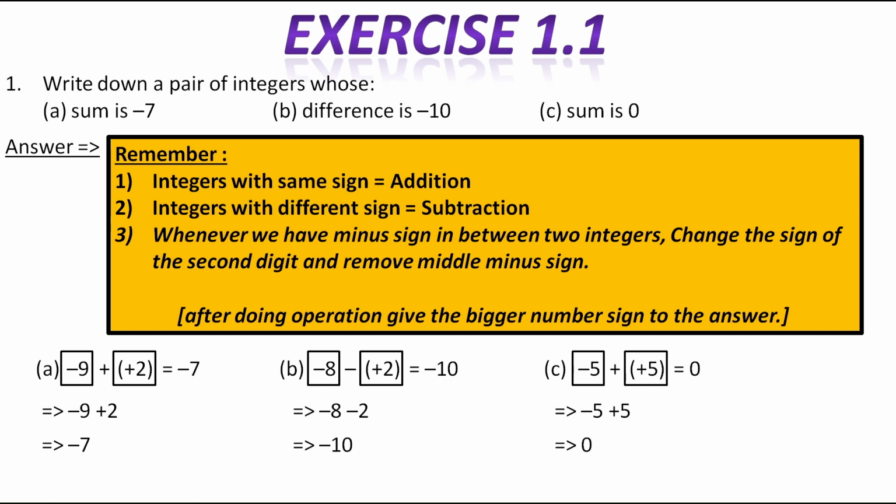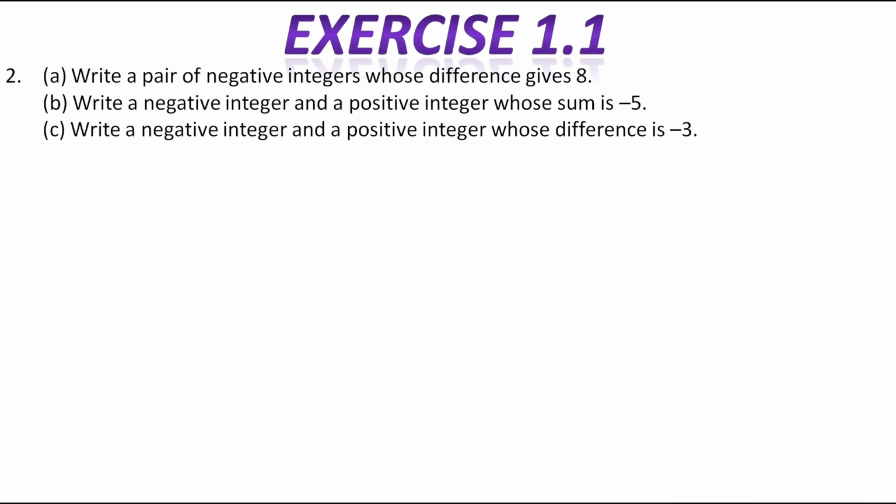Now let's move to the next question, that is the second one. Write a pair of negative integers whose difference gives 8. We need to find two integers, and those integers should be negative, and if we find the difference of that, we should get the answer as 8.